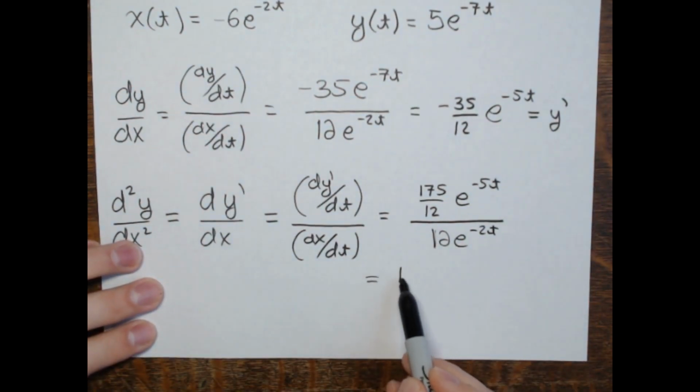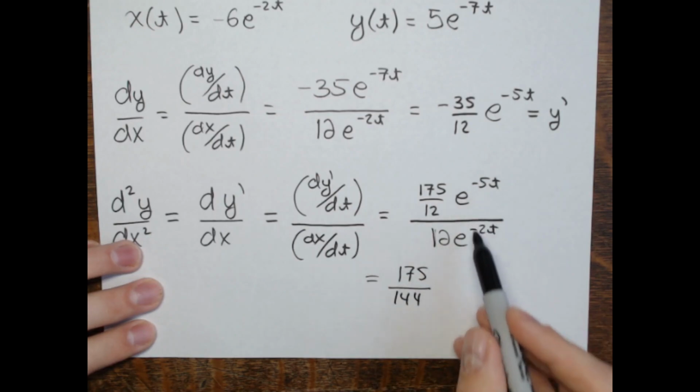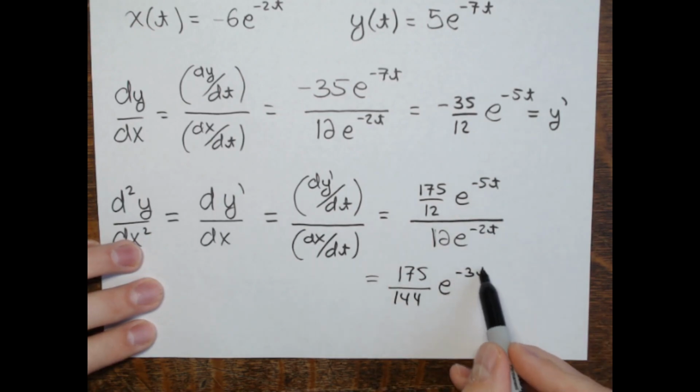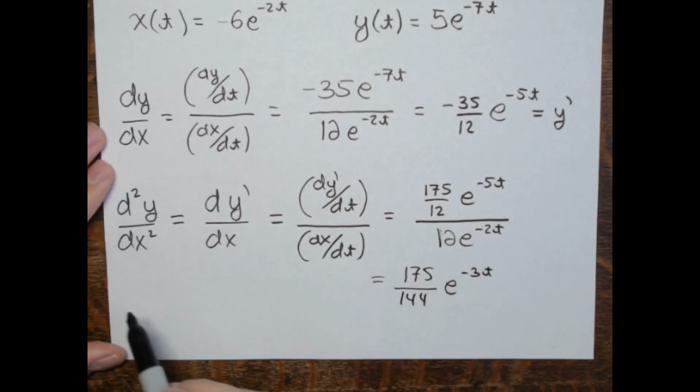After simplifying, this is 175 over 144 times e to the negative 3t. So there's the value of the second derivative at any point. You just need to know the value of t.